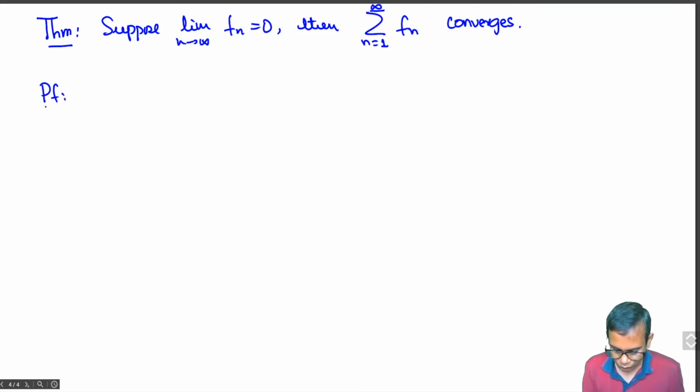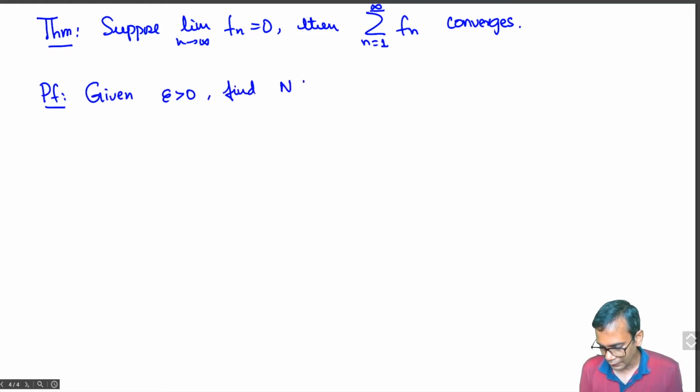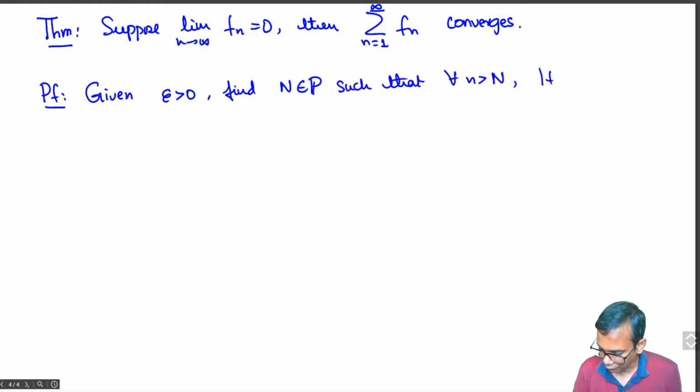So here's the proof. I need to show that the difference between two partial sums will become small. So given any epsilon greater than 0, find N such that for all n greater than N, the norm of f_n is less than epsilon. Here I've just used the hypothesis that the limit as n tends to infinity of f_n is equal to 0.